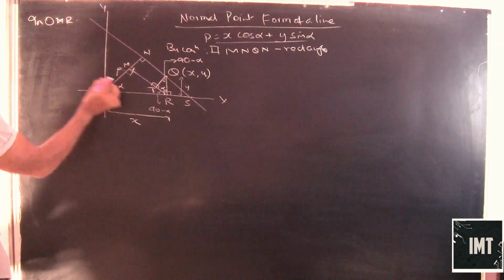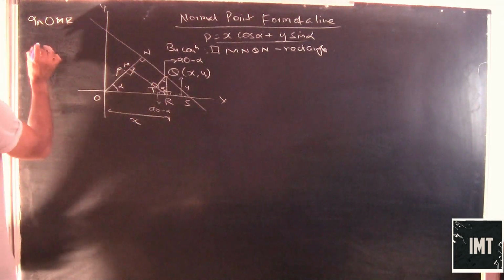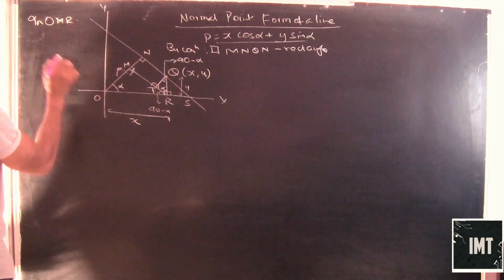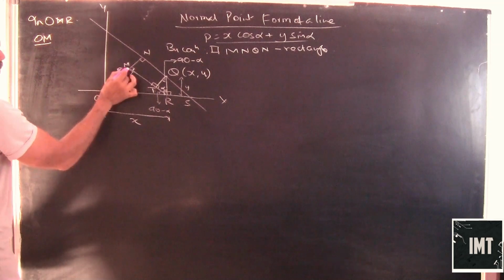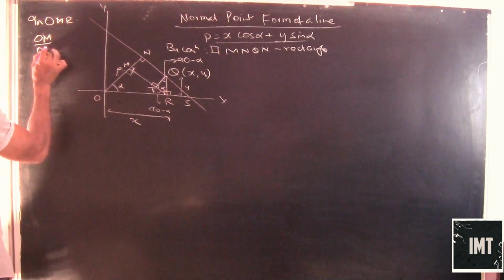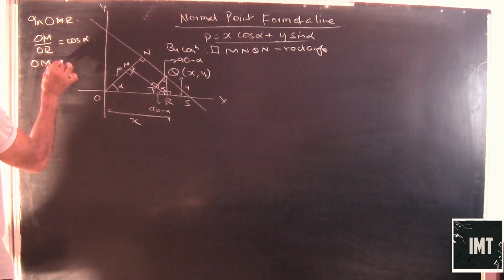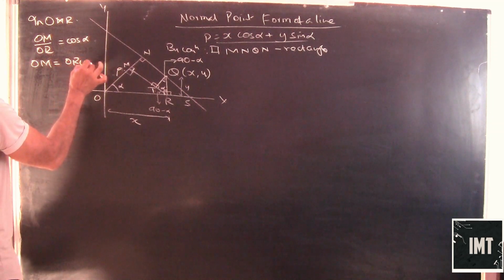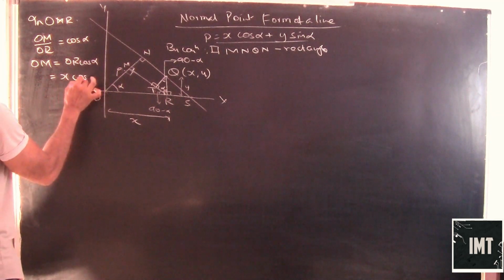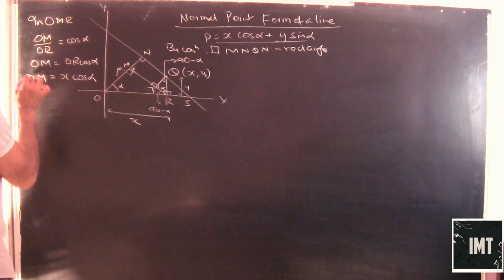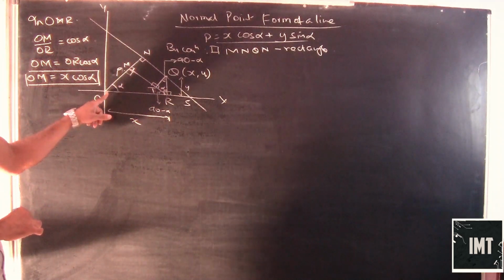So OM upon OR, base upon hypotenuse, will be equal to cos alpha. So OM is equal to OR cos alpha, and OR we know is x. So OM will be equal to x cos alpha. We have calculated the value of OM.